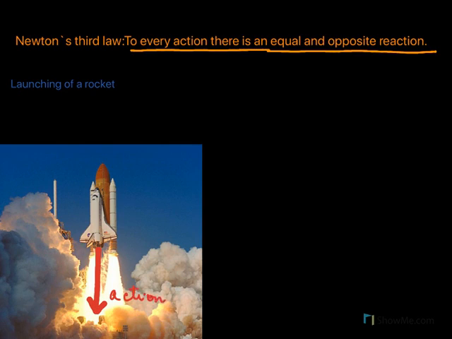To this action, by Newton's third law, there will be an upward force produced, and this upward force, which we now call reaction, pushes the rocket in the upward direction. So the burning of gases and the gases that are pushed downwards produce the action, and to this action there is an upward reaction that pushes the rocket up.